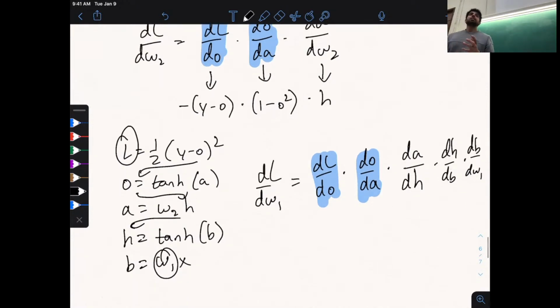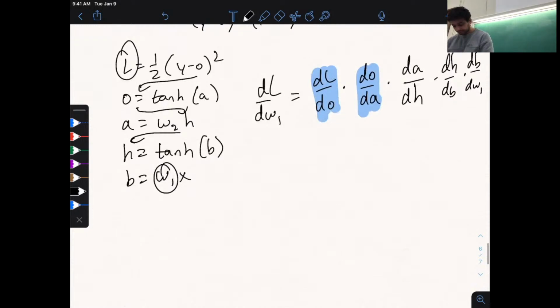So the algorithm of backpropagation works essentially by using the chain rule, but also caching the partial derivatives that you've computed at higher levels of the network and reusing them when you go down further to compute the partial derivatives for parameters that are used at the bottom of the network. Does that make sense? So let's just write that down.